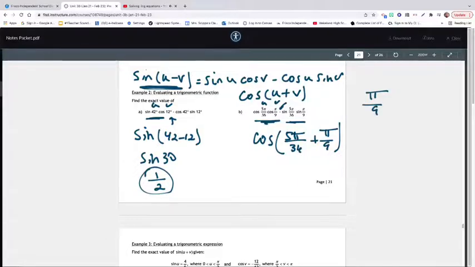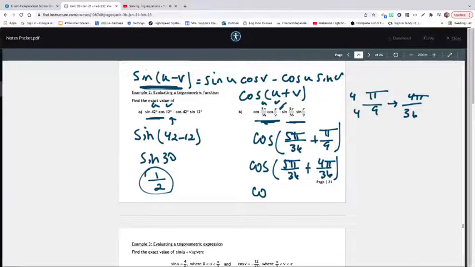Remember, pi over 9 is the same thing. I multiply the top and bottom by 4. So it's the same thing as 4 pi over 36. So when I add those, I get 9 pi over 36, which is the same thing as pi over 4. And then cosine of pi over 4 is just square root of 2 over 2. And so I've evaluated it.